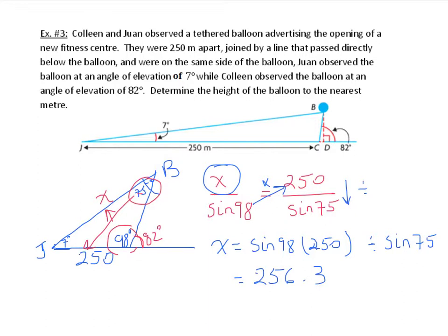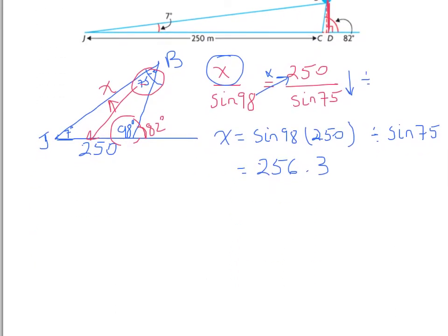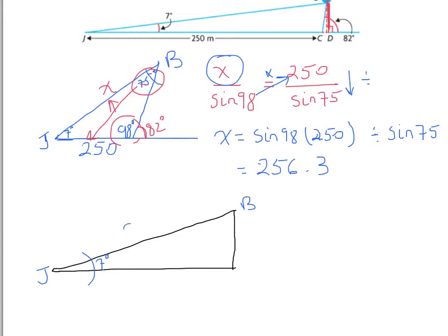So we're trying to find the height of the triangle, which again is this dotted red line right here, and we see that that line along with this bottom line JD forms a right triangle. So let's redraw that triangle. So it looks something like that. We know in here that we have 7 degrees. We know now that, well, this is J and this is B. We know that JB from the previous part is 256.3.